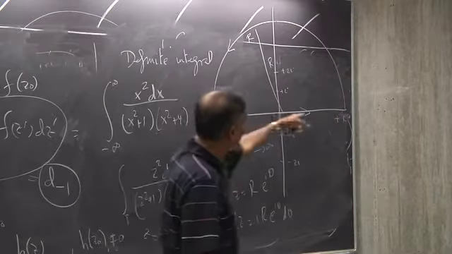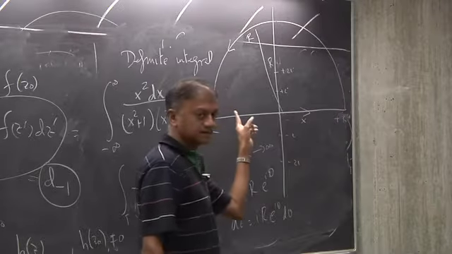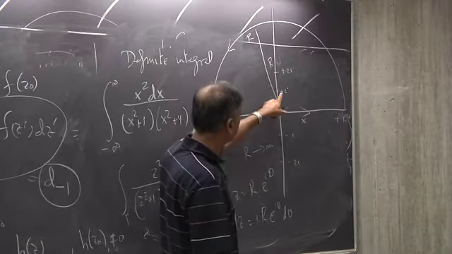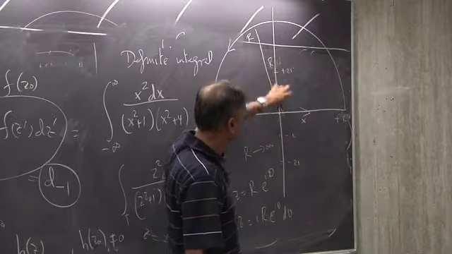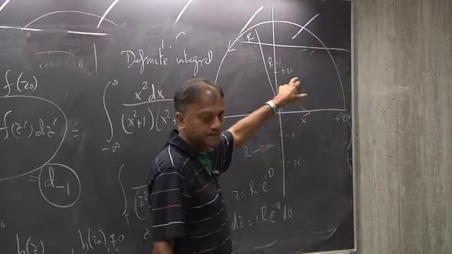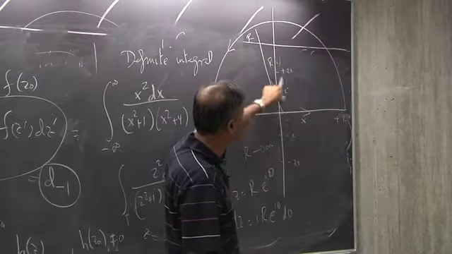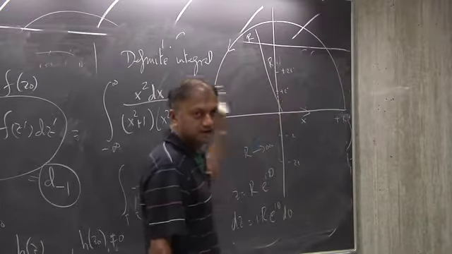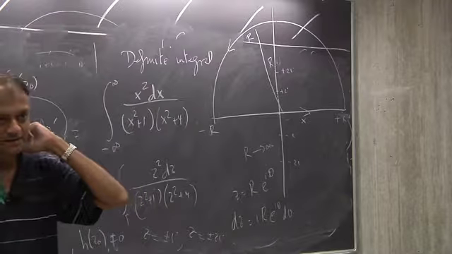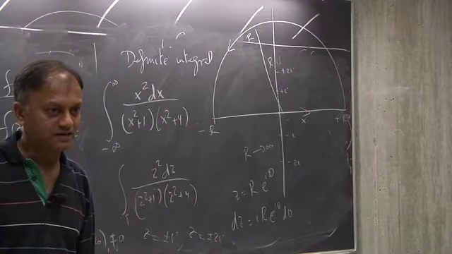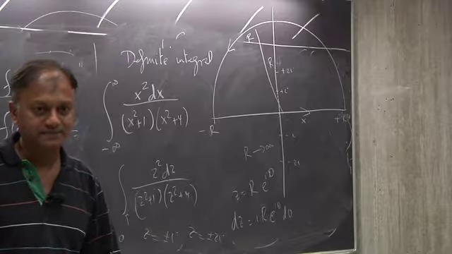If you are integrating over this upper semicircle, the only thing which matters is the singularities inside the contour, right? Outside you don't care. So just compute the residues at these two points, and that gives you the answer to this integral.